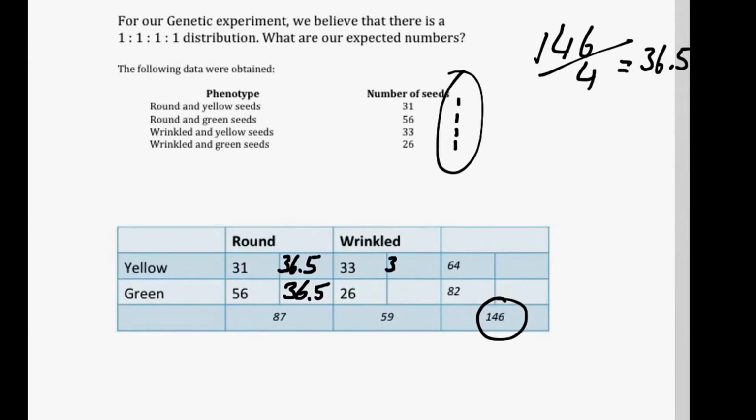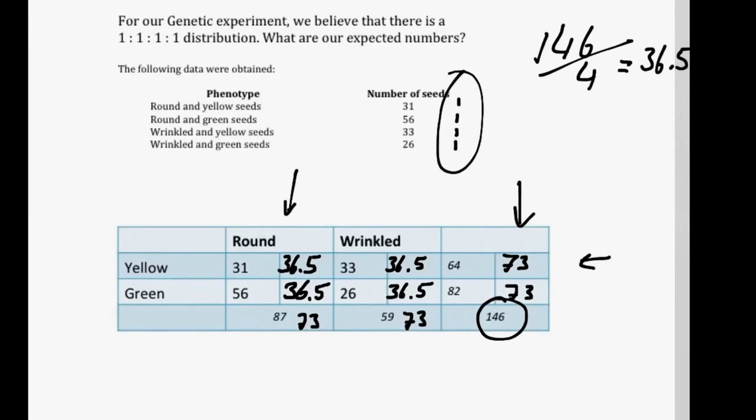We've got 36.5 here and 36.5 here. Now let's do our row marginal totals. And again, try to do that yourself. And we would get 73 here and 73 here. And likewise, we can do our column marginal totals. So we would get 73 here and 73 here. And again, a quick check, 73 and 73 gives us 146.